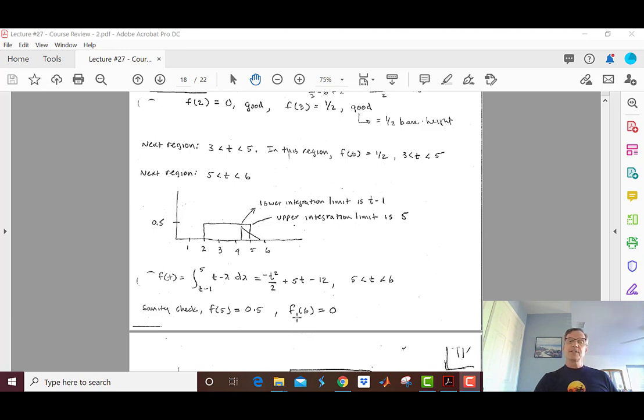And f of 6 better be 0, because when its nose is here, there will be no more overlap, so it better be 0, and our sanity check works out.